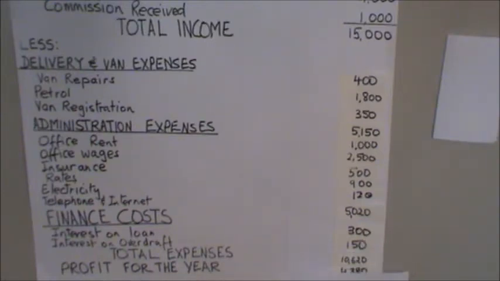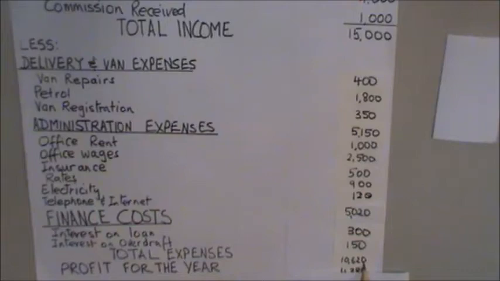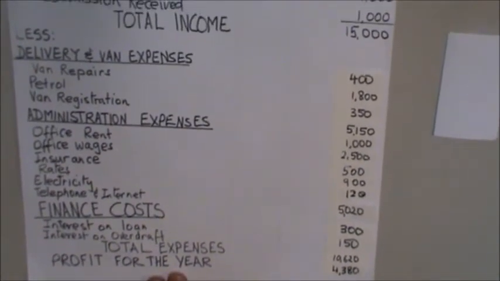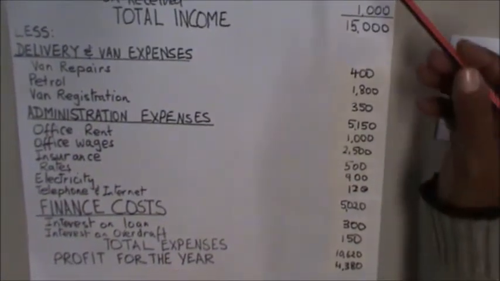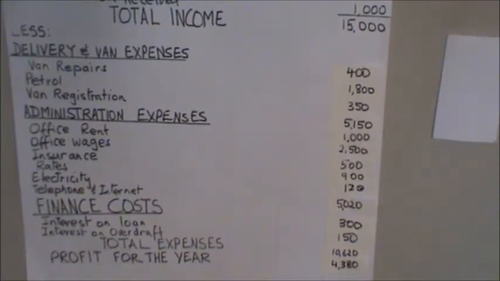The total expenses was $10,620 for finance cost, administration cost, and delivery van expenses. So we take that away from our total income, and we have profit for the year $4,380. But if you look, this whole thing looks very unorganized. It's very all over the place.